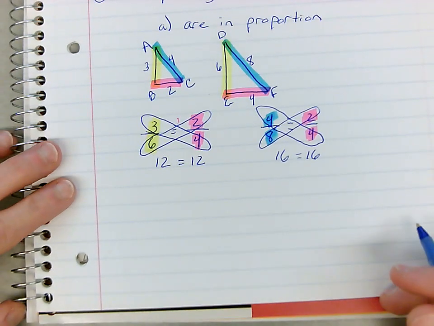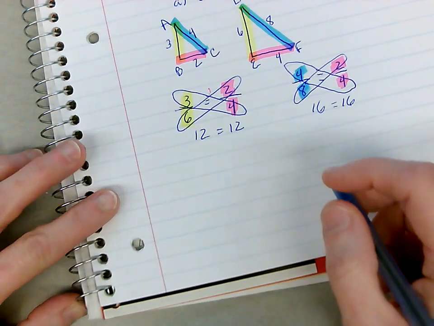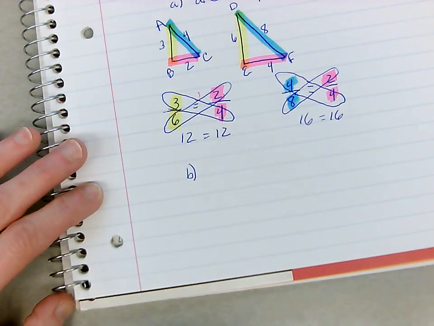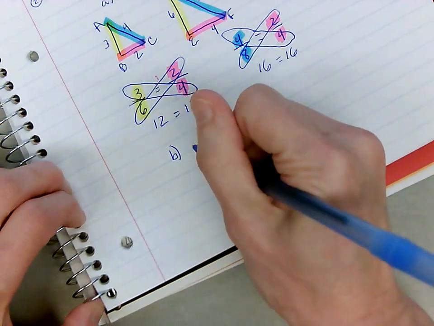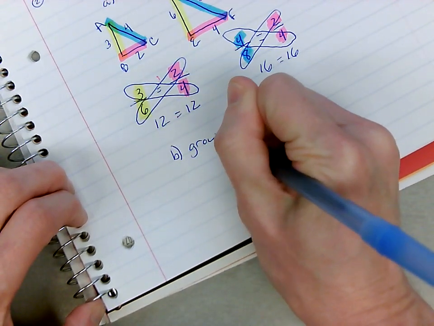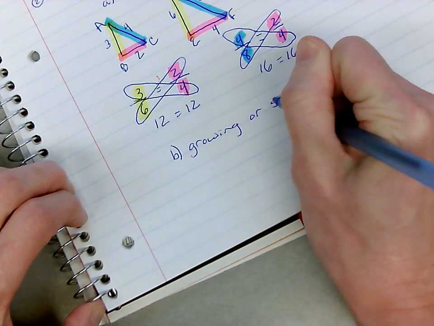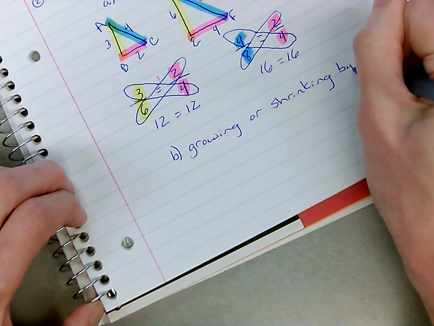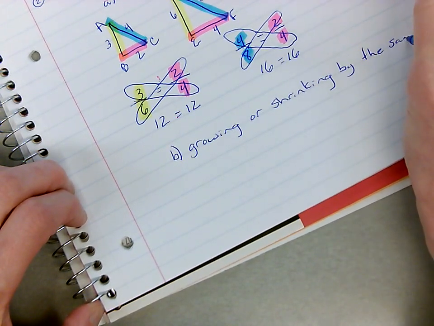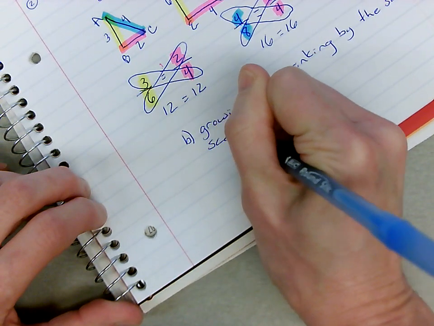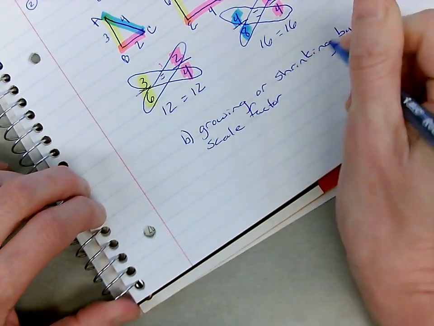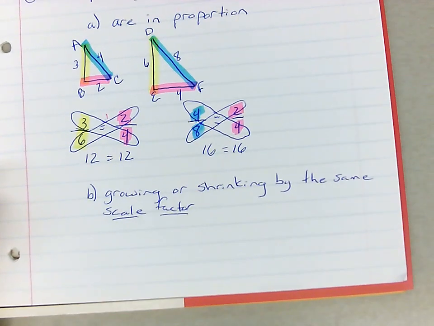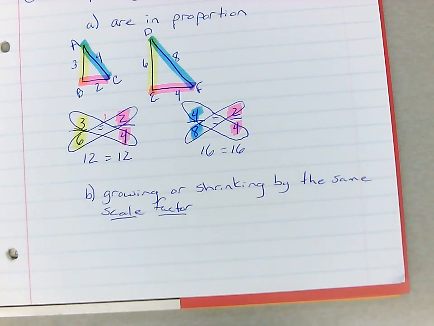Now, another possibility with corresponding sides, I'm going to call this letter B. And I'm going to write growing or shrinking by the same scale factor. I'm going to underline the word scale factor. Growing or shrinking by the same scale factor.